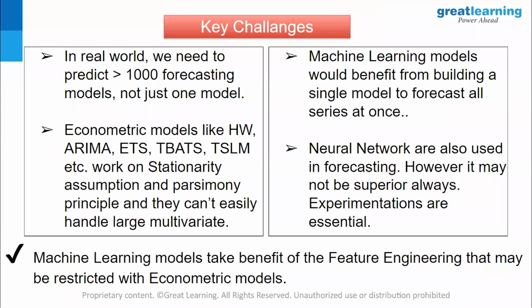Now, on the other hand, machine learning models actually score brownie points in that area. You can build a model over multiple time series. So you can build only one model which will cut across multiple time series. And even if you're interested in inspecting customer by customer or product by product, or a group of customer and product, you can do that.